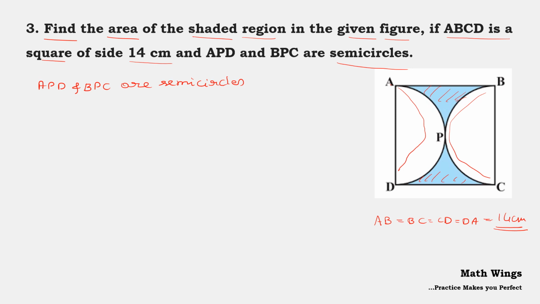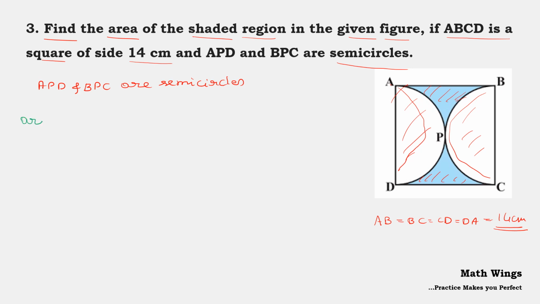By looking at the diagram itself, we can understand that the shaded region is the leftover part of the square when we subtract the area of these semicircles. Correct? So, how you can find the area of shaded region here?